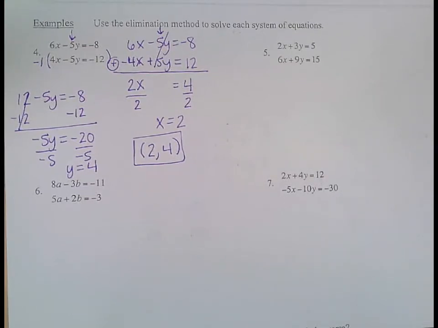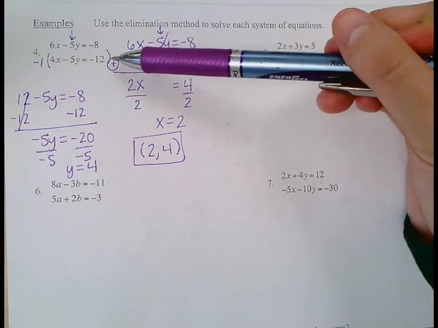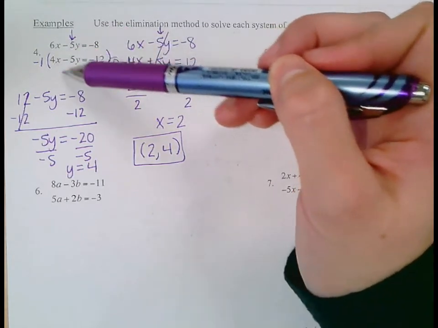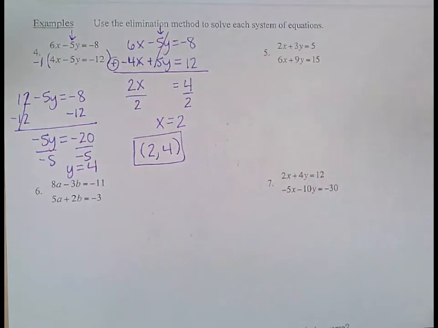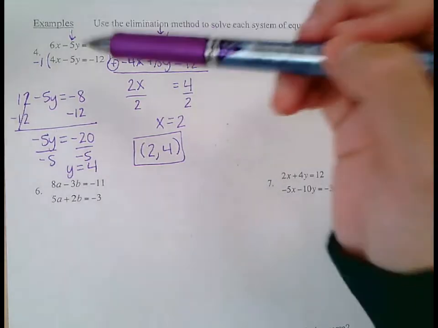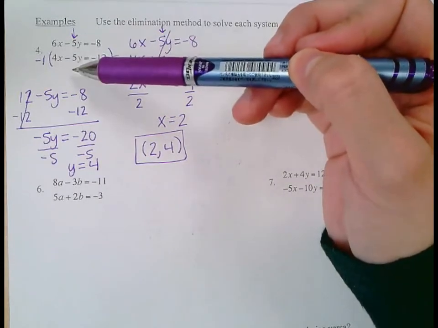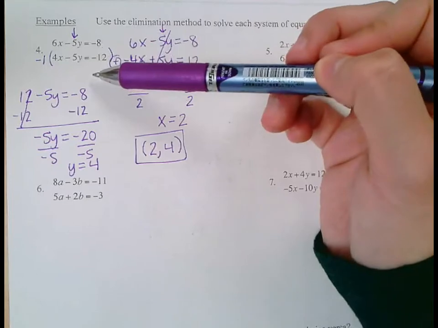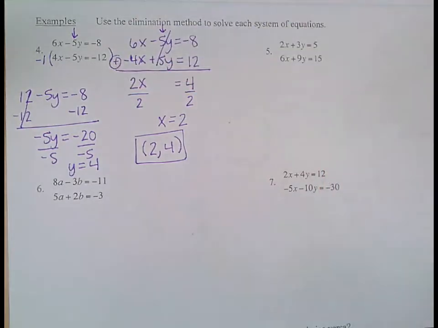Okay, now some of you, for this particular one, I showed it this way on purpose with multiplying one of the equations by -1. If you worked ahead, this could also be solved by subtracting the terms. I don't know if anybody worked ahead and did that. Grace, you did? Okay. So if you see that the two terms are the same, you could have subtracted them, but then you have to make sure you also subtract everything else.